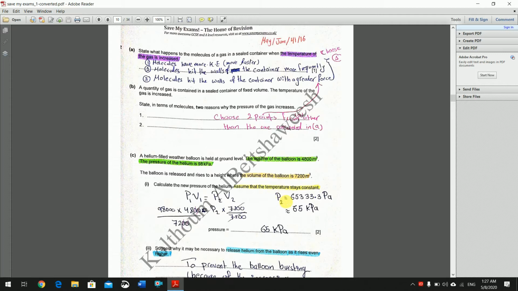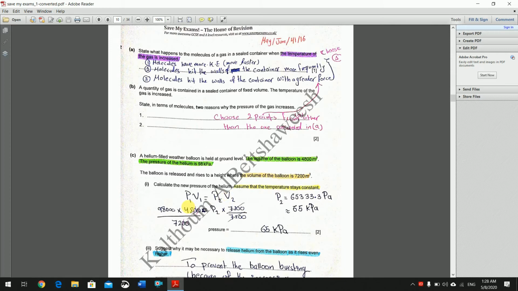Now here, since we're assuming that the temperature is constant and we want a new pressure, so we have a volume and a new volume, and we have a pressure and a new pressure, so we will use this formula right here, which is P1 V1 equals P2 V2.